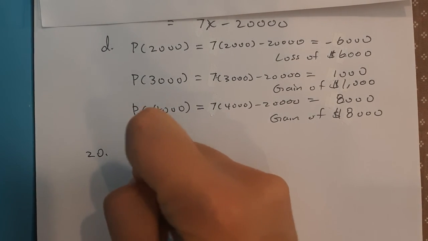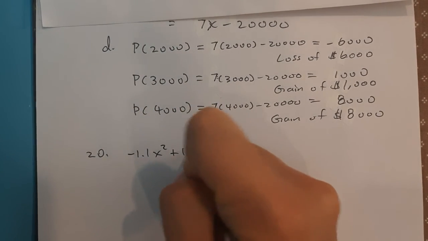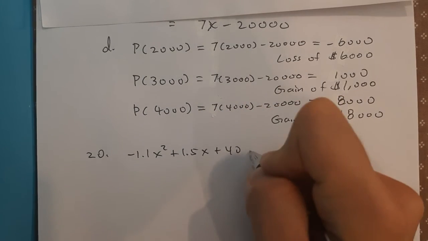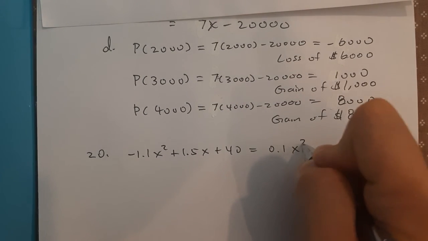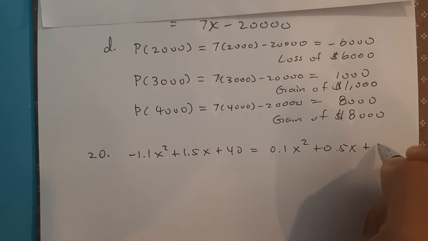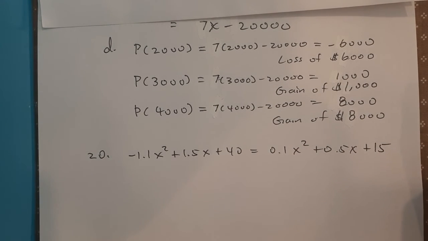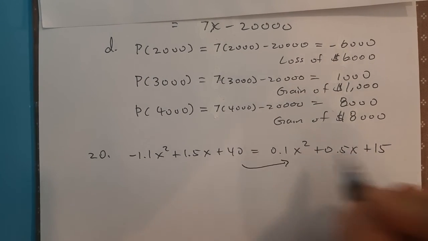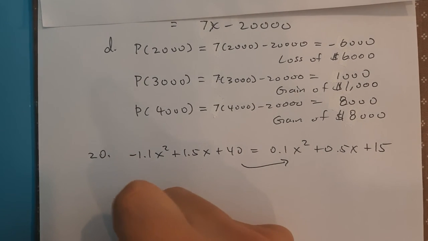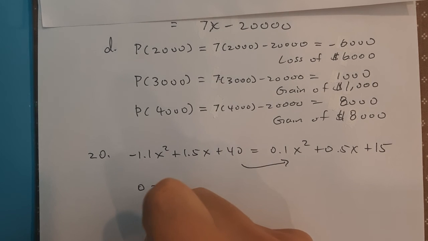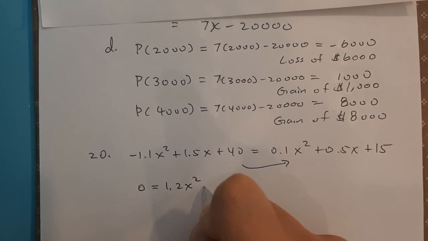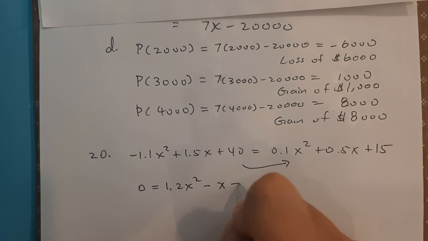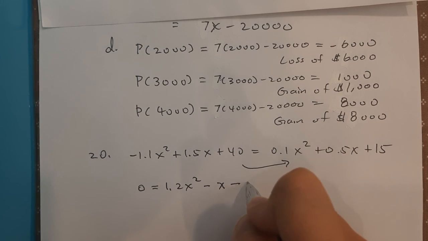We have negative 1.1 x squared plus 1.5 x plus 40 equals 0.1 x squared plus 0.5 x plus 15. Then we're going to move everything to one side. So we'll end up with a 0. That's 1.2 x squared minus x minus 25.